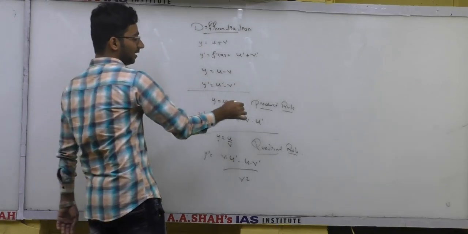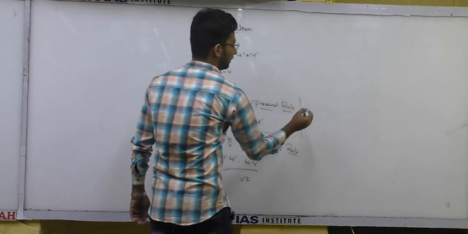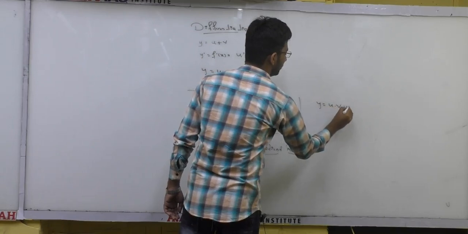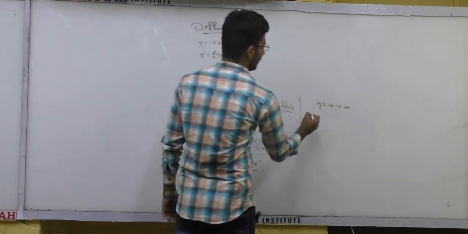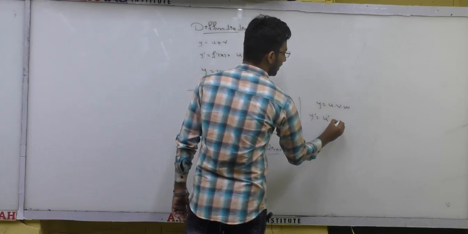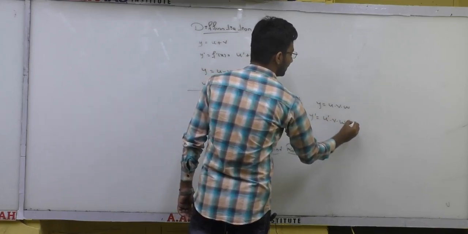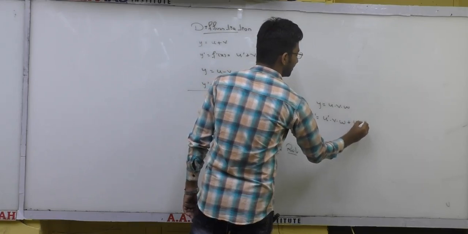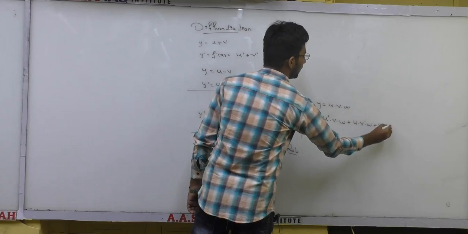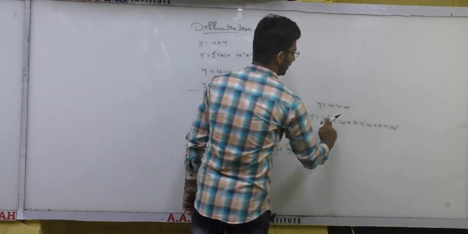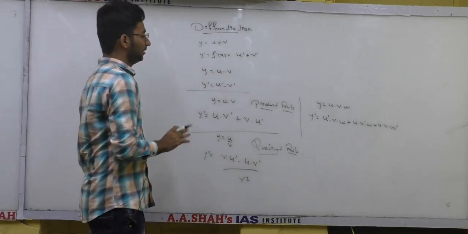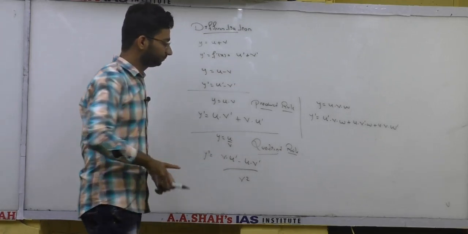In the same way we have one more for the product, like if we have three variables U, V and W, then y dash will be equal to U dash V W plus U V dash W plus U V W dash. Dashes are all the respective differentiation with respect to x. These are some of the standard rules.